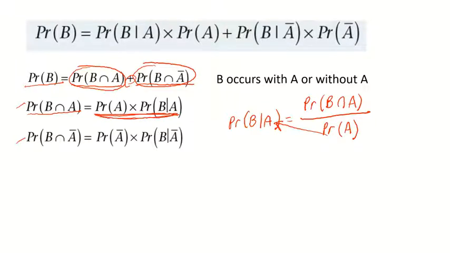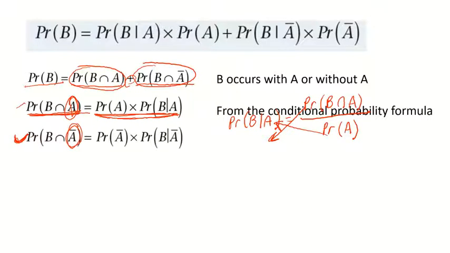And if we cross multiply this with a 1 here, we get this left side of the equation. The same is true for this third equation that you see here. The only difference is instead of considering A happening, here we have A not happening, the complement of A.